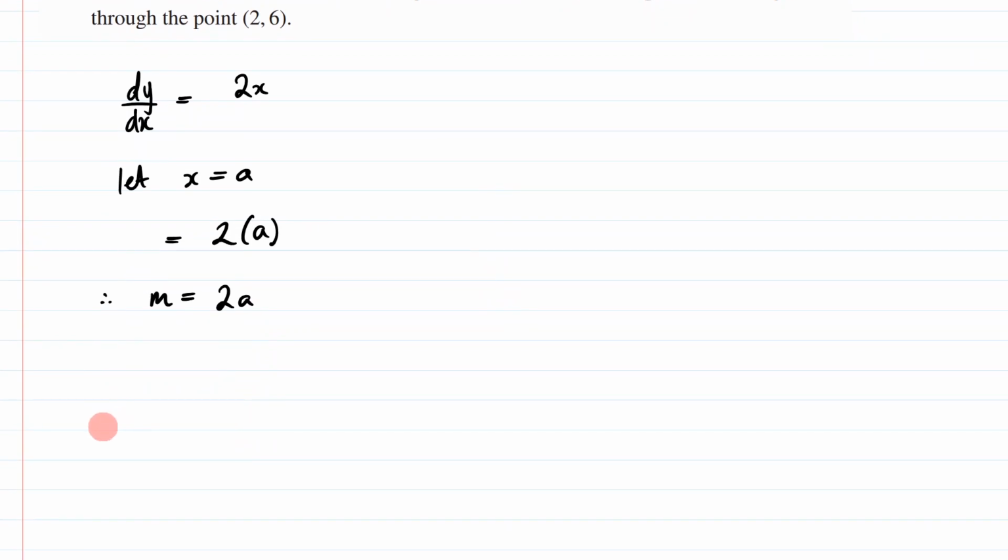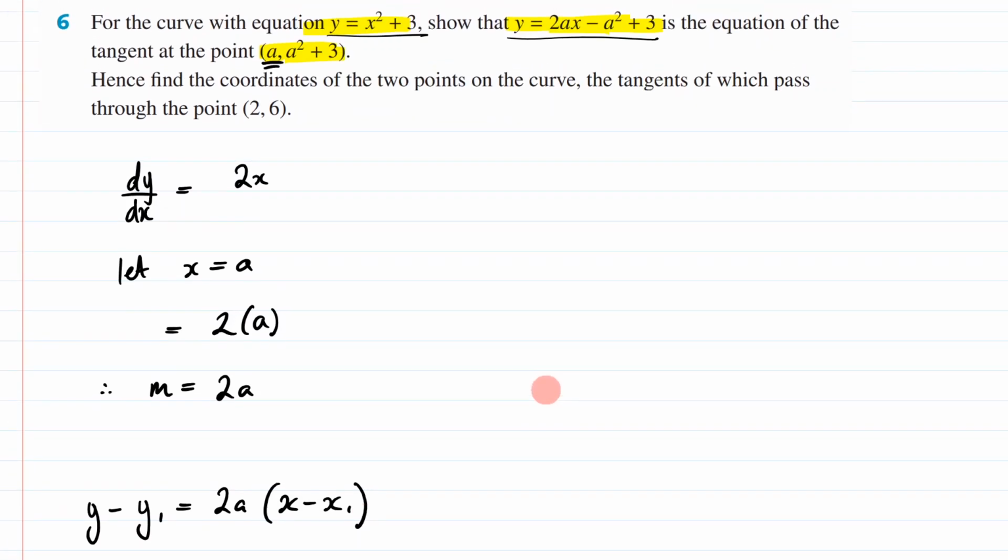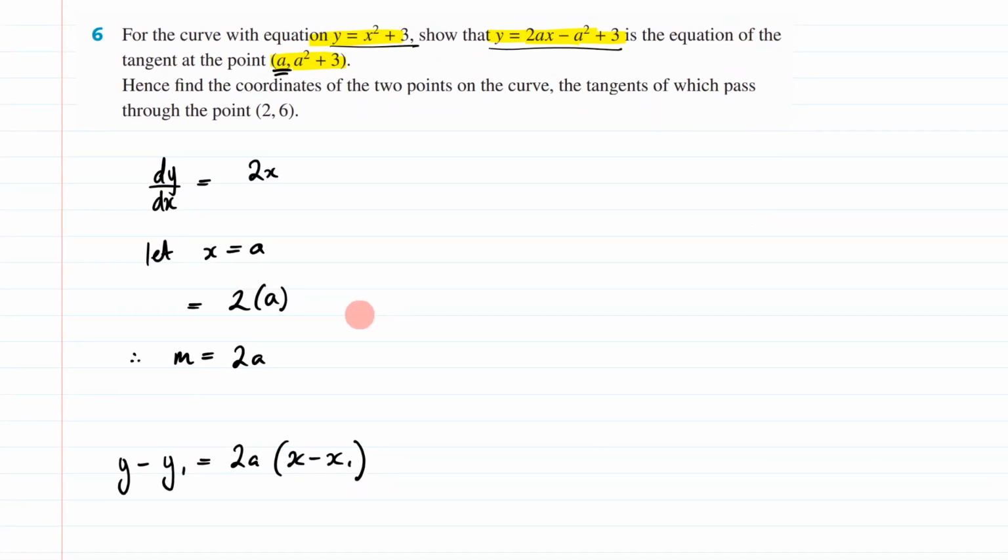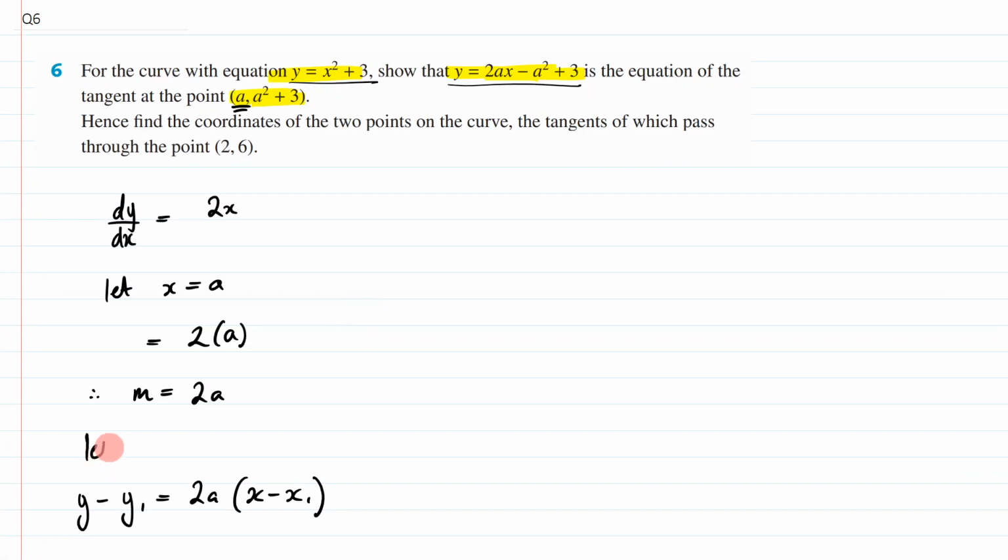Perfect. Now I can write down my point-gradient form, y minus y1 equals m times x minus x1. To find what my tangent is going to be, I'm going to have to sub in a point. And look, I've been given a point. So I'm going to sub in a, a squared plus 3.